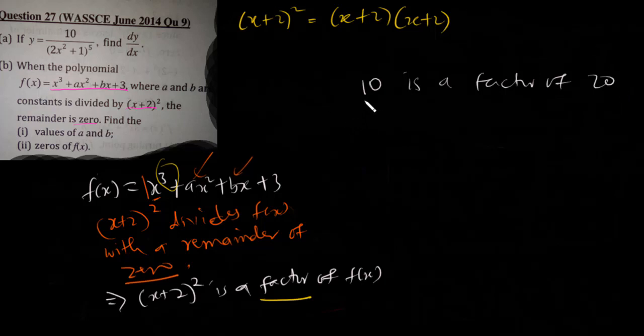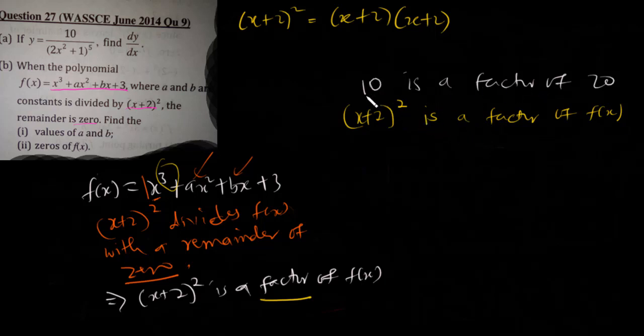I want us to compare this to what is happening here, so let me write this: (x + 2)^2, we are told that is a factor of f(x). Now I want us to compare the numbers to the function so that we can have a better understanding.